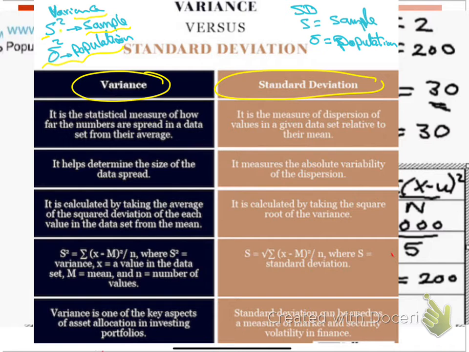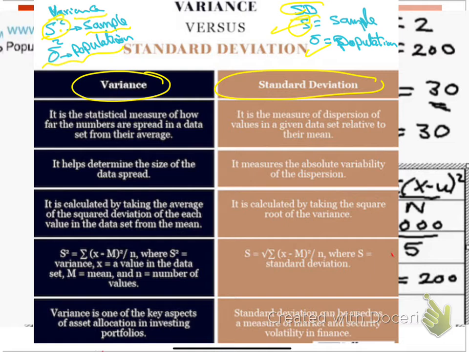Okay, so variance is always squared. The standard deviation is just the square root of them. The square root of S square will be S. So this will be the standard deviation. So the standard deviation is the square root of the variance. In the case of a sample, it will be S only. In the case of a population, it will be sigma only.